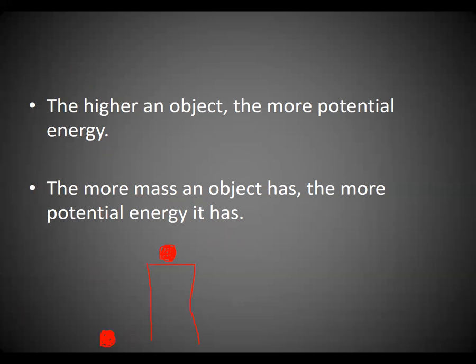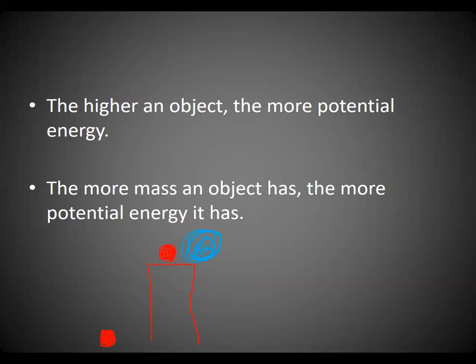Now, if we had another ball also on the shelf, let me change color here, let's say this ball had twice the mass. Pretend that's twice. You guys get the idea. We had a much larger one. Actually, let me clean that up a little bit. That's better.